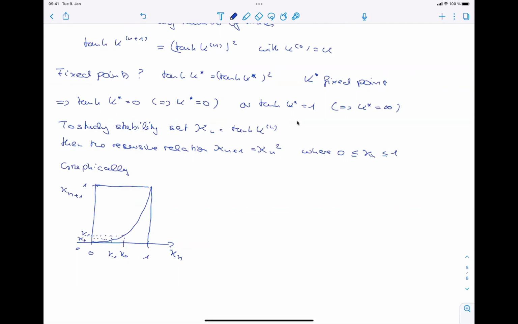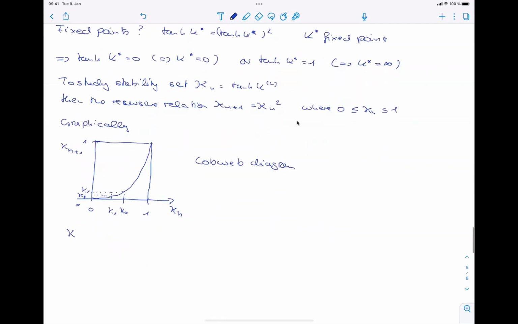So you can see that graphically what's happening is, in this so-called cobweb diagram, the system will flow away from the fixed point at 1 to the fixed point at 0. So kappa equals 0 is the stable fixed point, and kappa equal to 1 is an unstable fixed point.